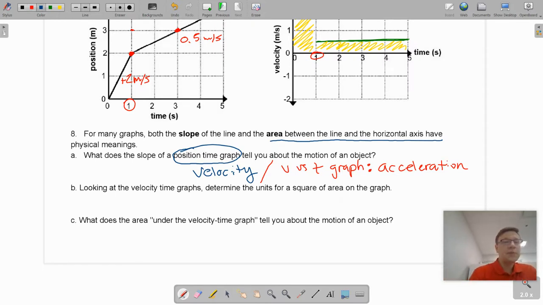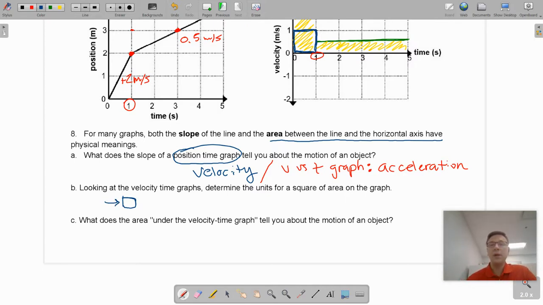Okay. So looking at this next thing, looking at the velocity versus time graph, determine the units for a square area on the graph. Let's just look above here. I'm going to draw a square around this in blue, one square area. On either side, what are the units?